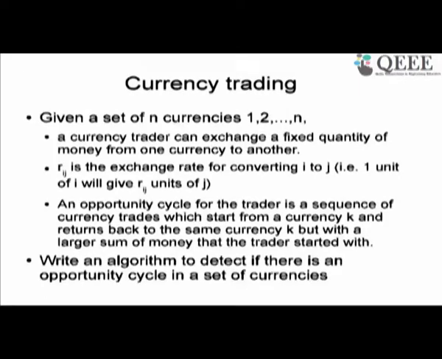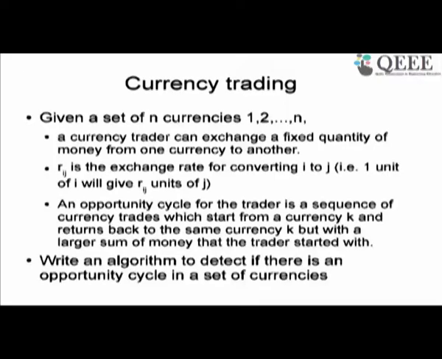When I converted rupee to dollar, I got 1 by 67, then I got 1 by 1.13, and so on, I keep multiplying. So I go around and I get a number larger than 1. I started with 1 rupee, went around and came back and got 1.2 rupees.